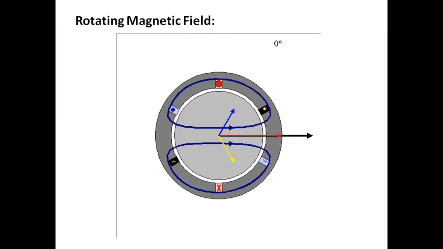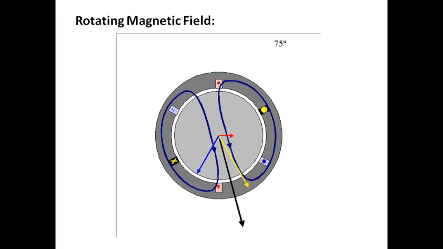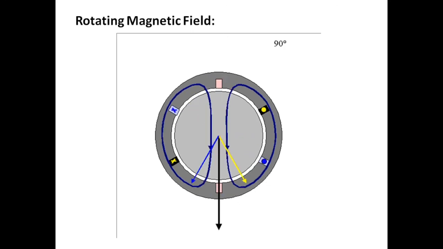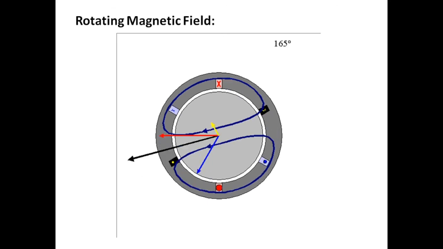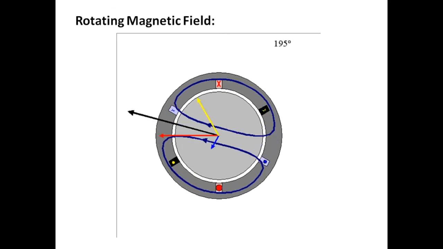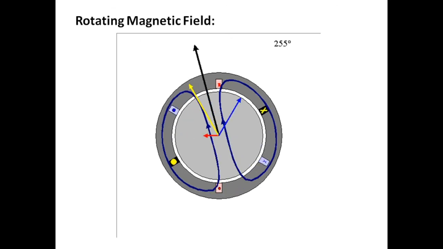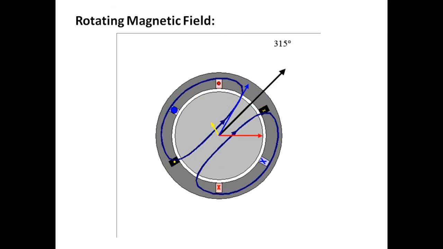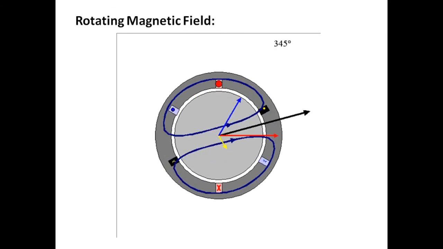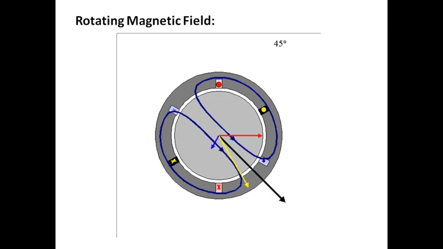The red color indicates the flux produced in the R phase, the yellow color the magnetic field in the Y phase, and the blue color the magnetic field in the B phase.